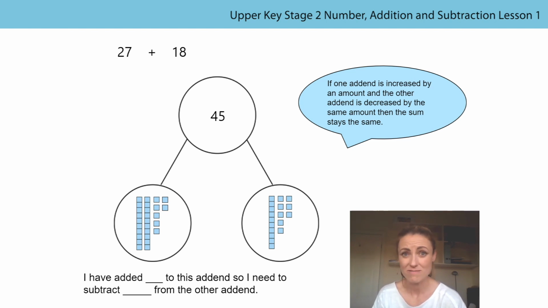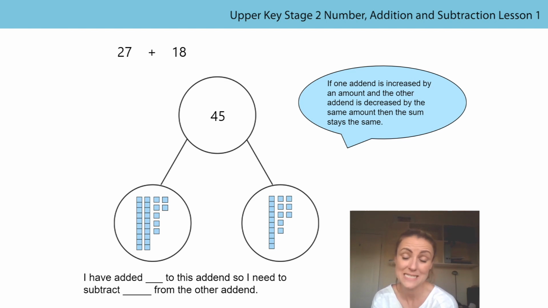So I want to increase that addend by 2. That's right. So I have added 2 to this addend of 18. So looking at our stem sentence, what do I need to do to the other addend? I need to subtract 2 from the other addend. I need to decrease it by 2.